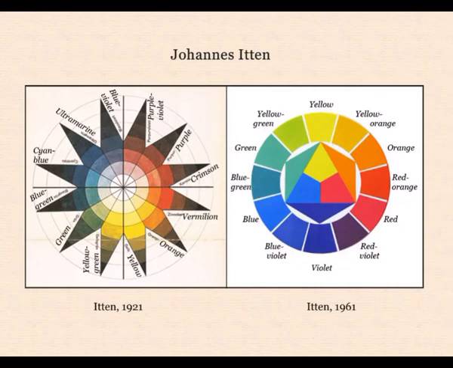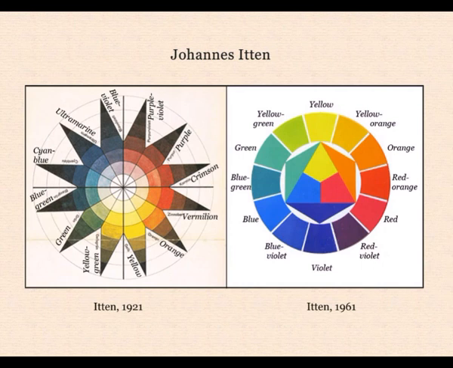Itten took many elements of his colour theory from that of his teacher Adolf Hölzel, but in his book of 1961 he eliminated almost all of the elements that Hölzel had derived from late 19th and early 20th century science, and presented a version of traditional colour theory and classification almost entirely fixated at an early 19th century stage of development.